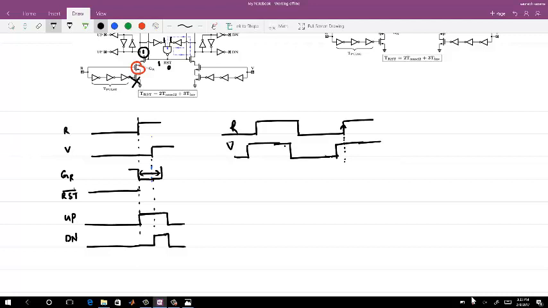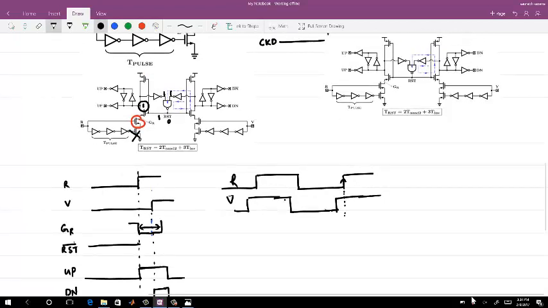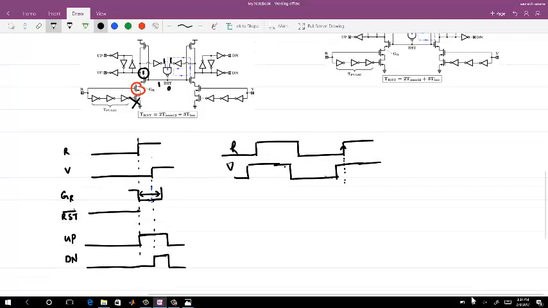Okay, so let's say the delay which you are getting, in this case, what will happen is your up pulse will go high at some time, and that will remain high till the time your V signal, V high, comes, and then finally it gets reset to 0, where your down will also do something similar.